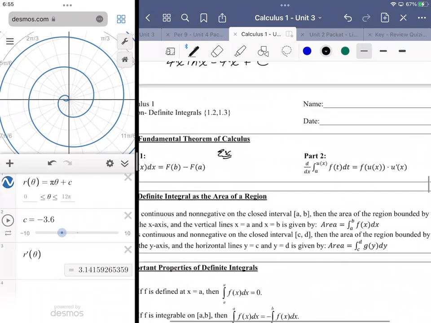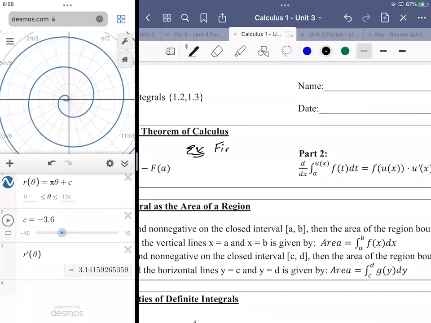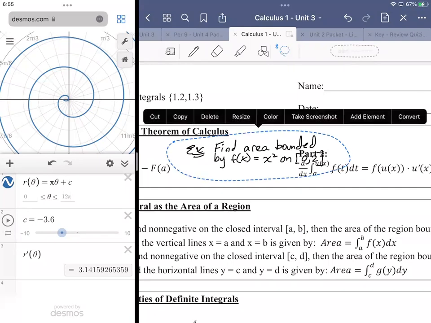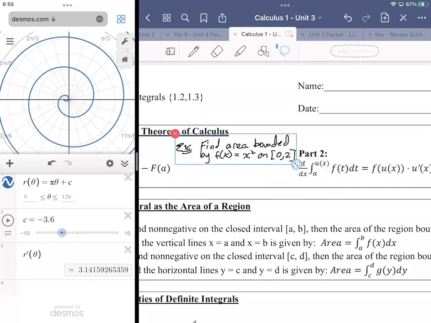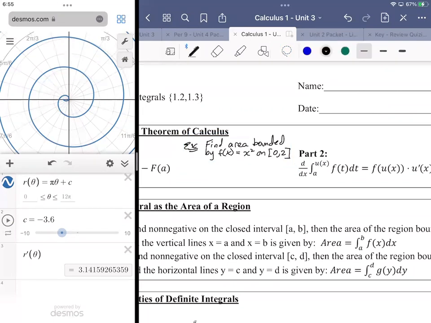Find the area bounded by f of x equals x squared on the interval of 0 to 2. Well, it's bounded by the function and the x-axis. I meant to write that in there. I apologize. I got to squeeze that in there. And the x-axis on the interval of 0 to 2.